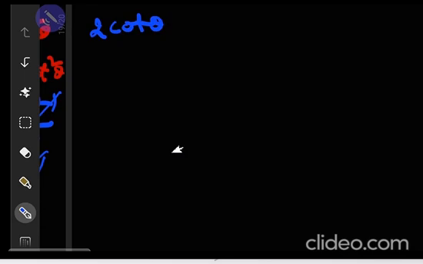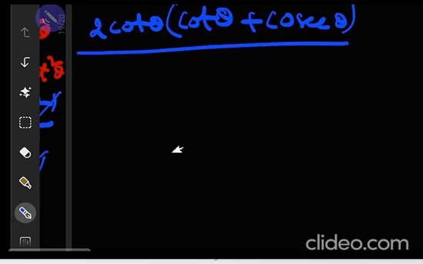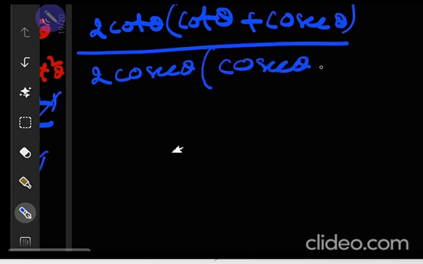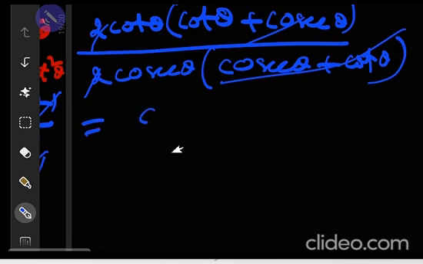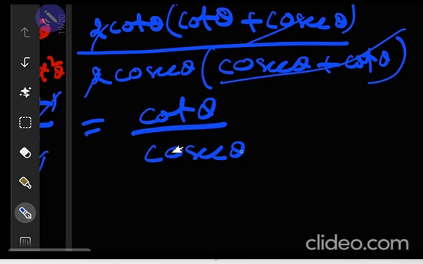We are left with cot theta plus cosecant theta. Similarly in the denominator, take cosecant theta common, so cosecant theta plus cot theta. So these two will get cancelled, the 2 cancels, which is equal to cot theta by cosecant theta.